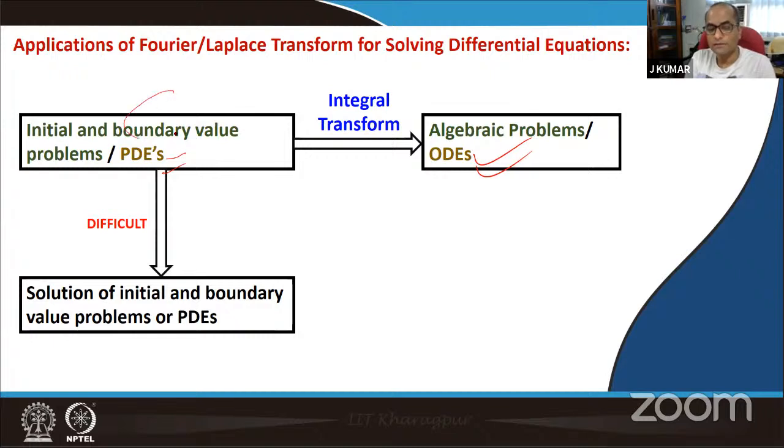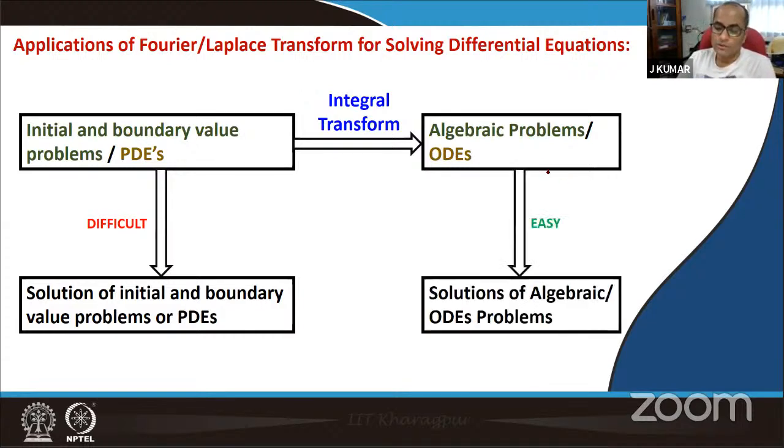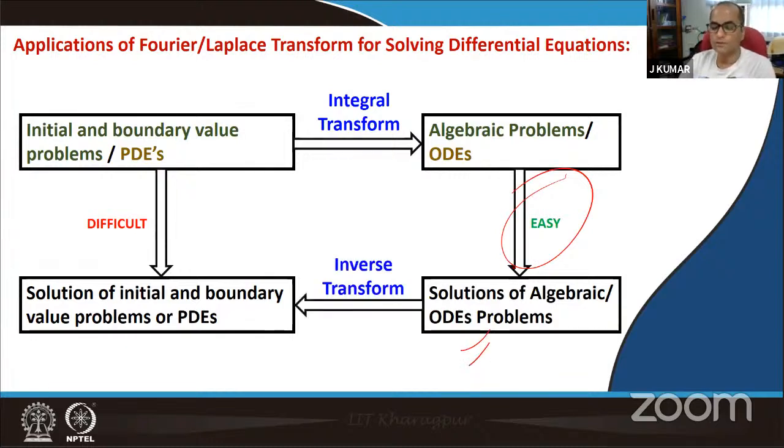Similarly, the solution of algebraic equations is easier than the solution of ordinary differential equations. So these solutions are easy to get, whether algebraic or ODEs.